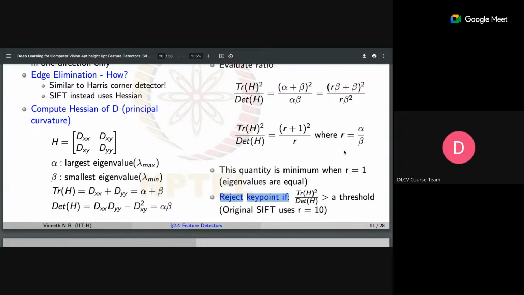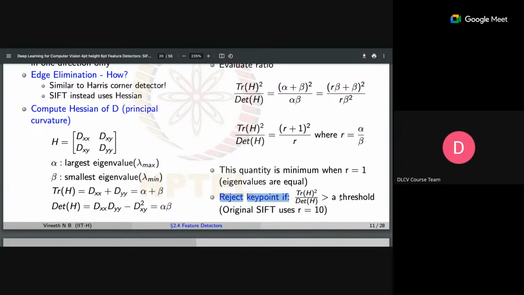In the original SIFT algorithm, they use r to be 10. So this is how they have rejected all the edges which are not important, which doesn't matter for your key point.